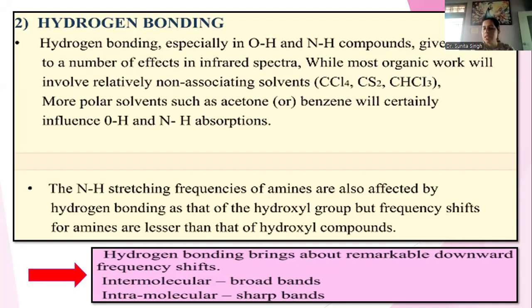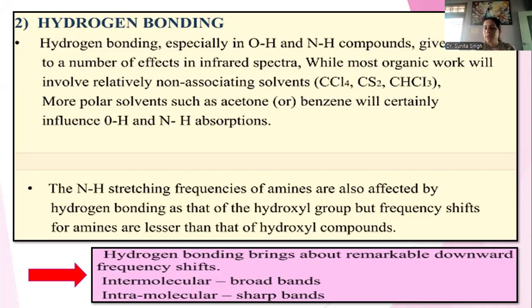So where there is a chance of hydrogen bonding, these effects are shown in the spectra also. Like the NH frequencies of amines are also affected by hydrogen bonding, but the shifts are more prominent in the case of OH bonds.